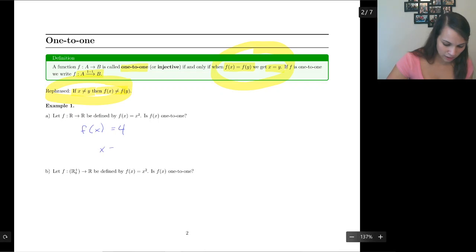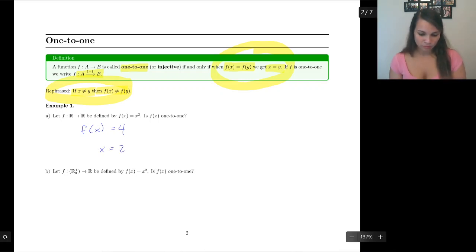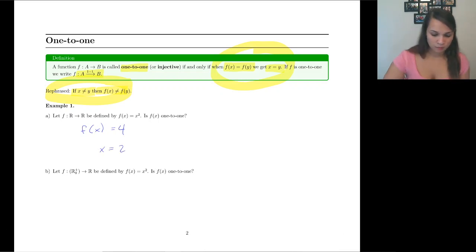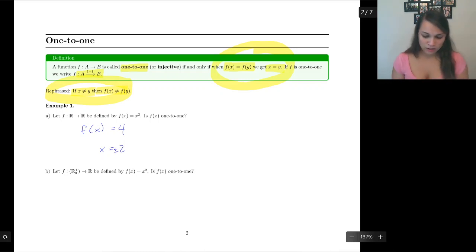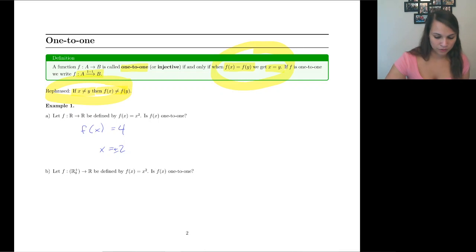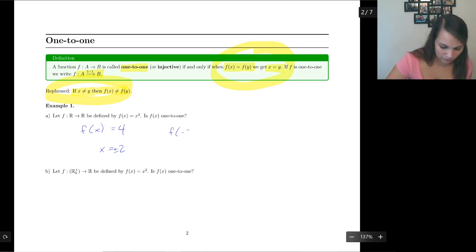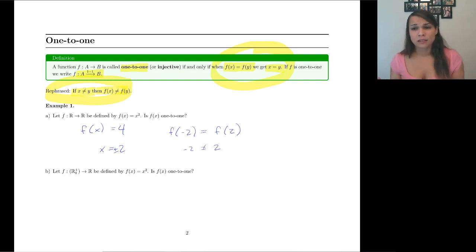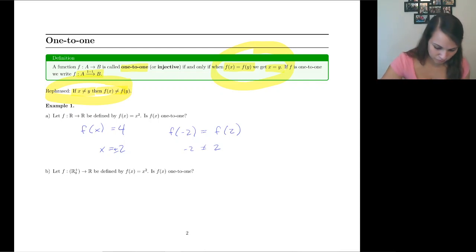Sure, x could be 2, because then 2 squared would be 4, but we could also have that x could be -2, so then f of -2 would equal f of 2. However, we know that -2 and 2 are not the same.